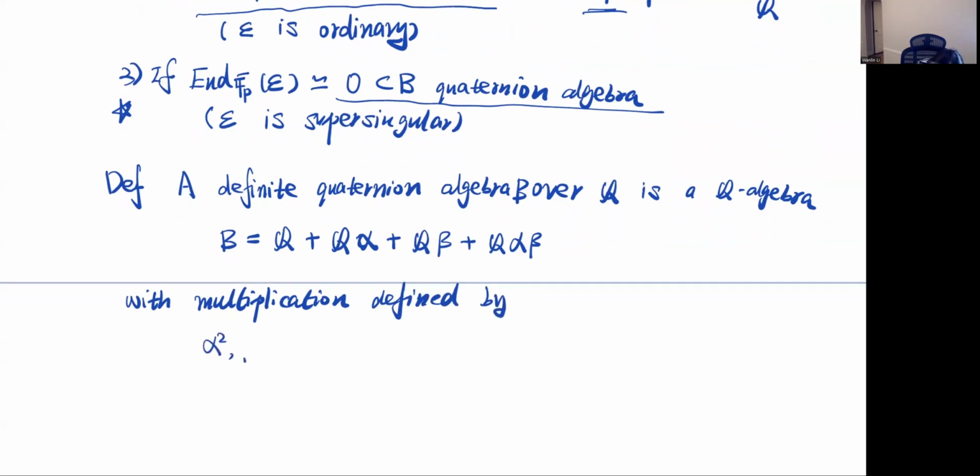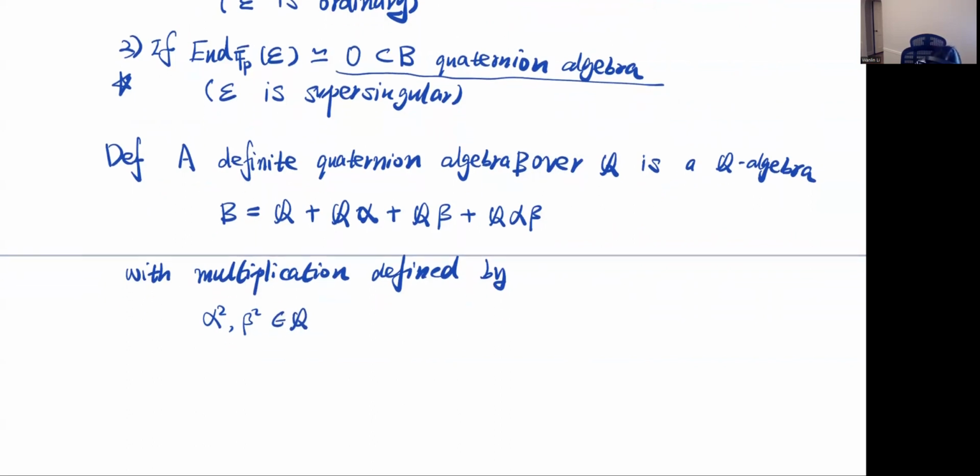First of all, alpha squared and beta squared are both in Q, and moreover, both alpha squared and beta squared are less than 0. This is the definite part, which is why it's a definite quaternion algebra. And moreover, it is non-commutative: beta alpha equals minus alpha beta. So the elements alpha and beta don't commute with each other.